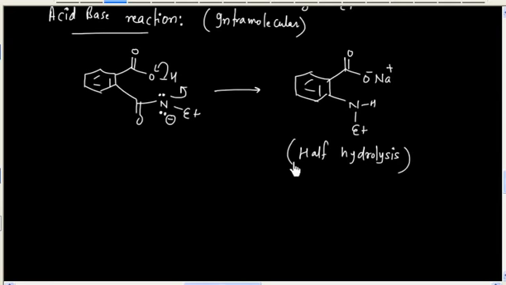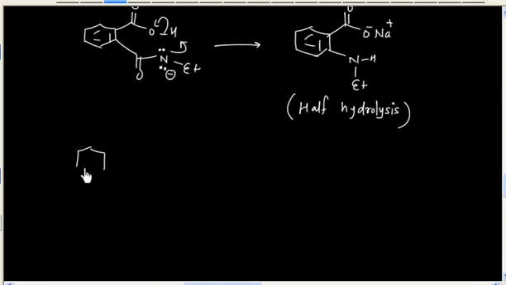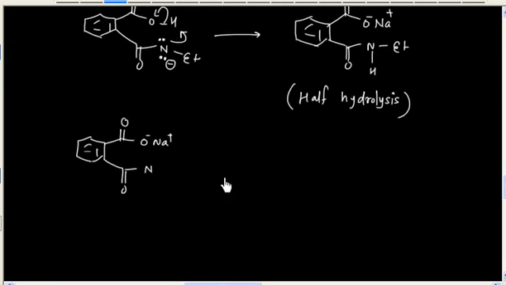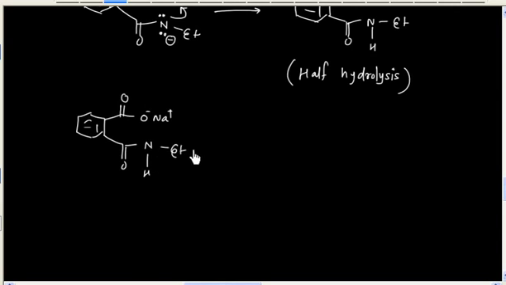Same steps can be repeated. Basically here we will have C double bond O. So in the next step, OH minus will again act as a nucleophile and it will attack on carbon.